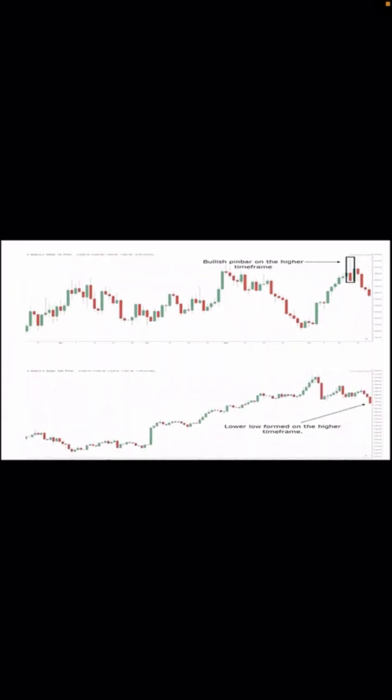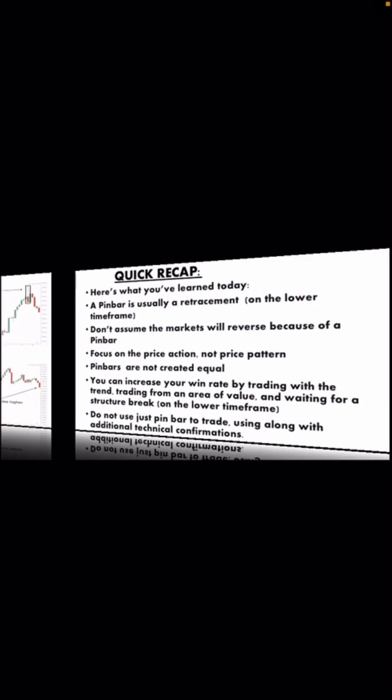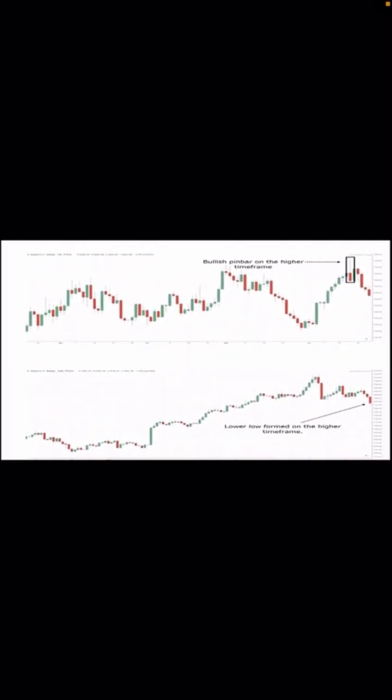You come down and wait at the lower time frame for it to retrace downward, and enter at that place before it starts going up. It's going to continue the bullish trend, but once you spot it, come down to the lower time frame. Wait for it to retrace to a point first before you enter, and it continues the movement going up.